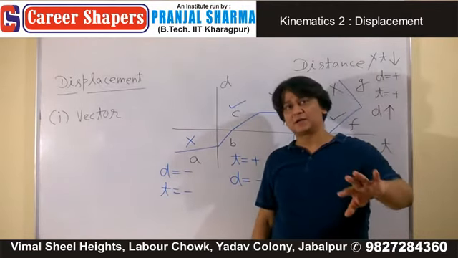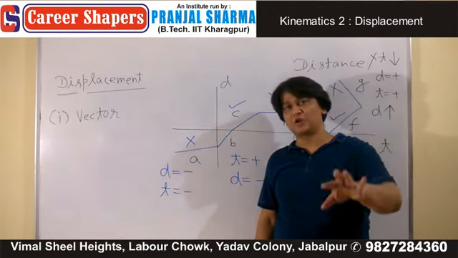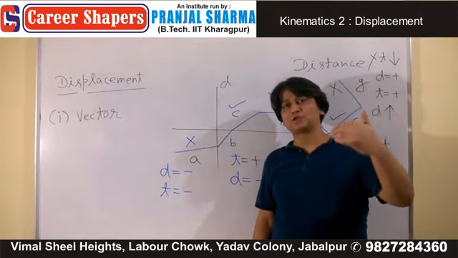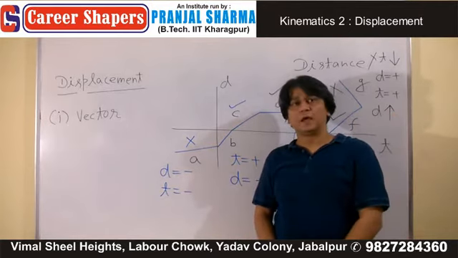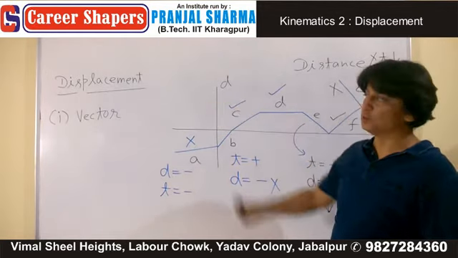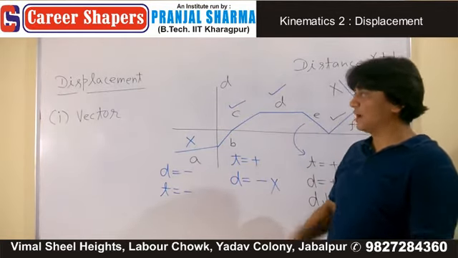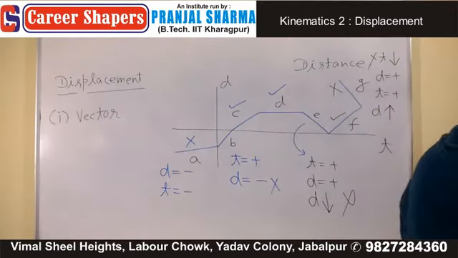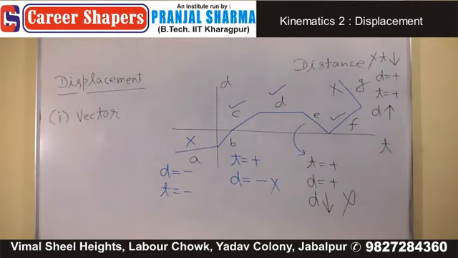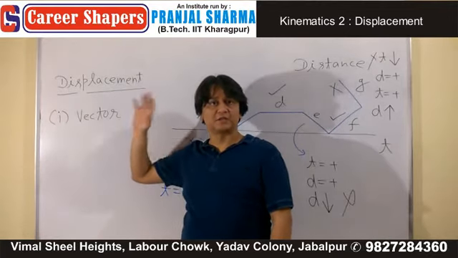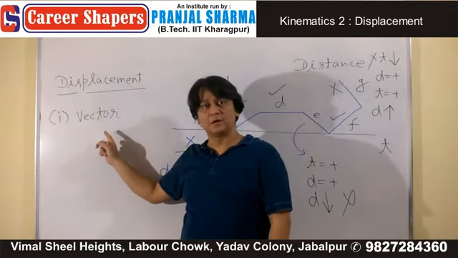We'll deal with vectors separately, but as of now, just an introduction. Everybody knows a little bit about vectors, and then we'll conduct separate classes for these mathematical tools. As of now, a vector is something which has magnitude as well as direction. So, the first property is displacement is a vector.